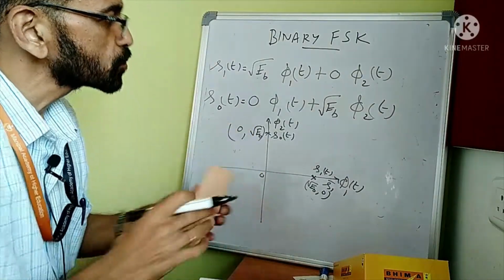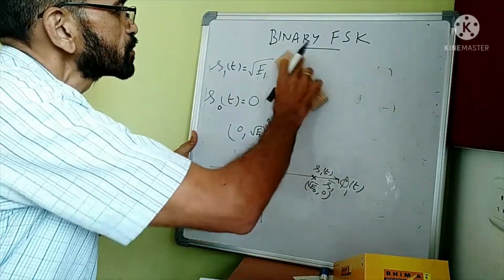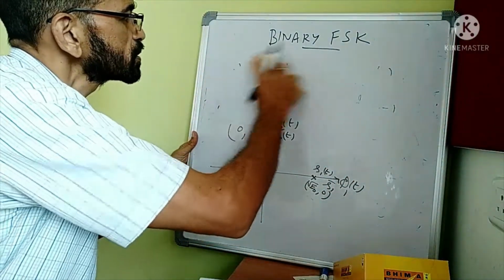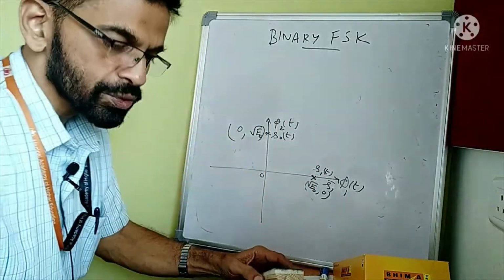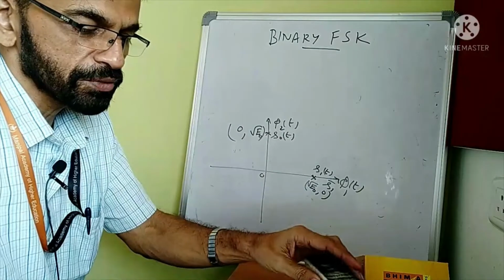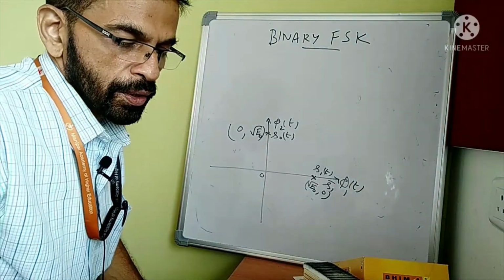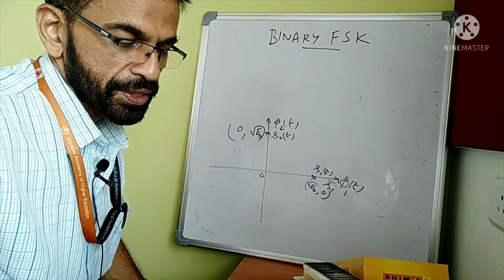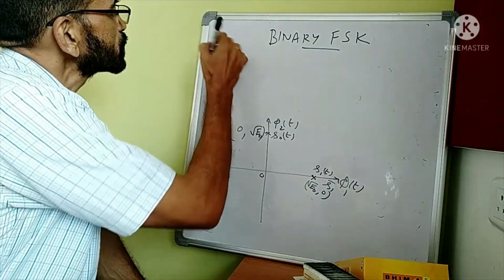Now moving on, let us quickly look at the detection schematics. Just as we did with the case of binary ASK and binary PSK, we will use the generalized detection schematic which we developed in the previous videos when we discussed detection theory, and the same thing will specialize to binary FSK as we did earlier.